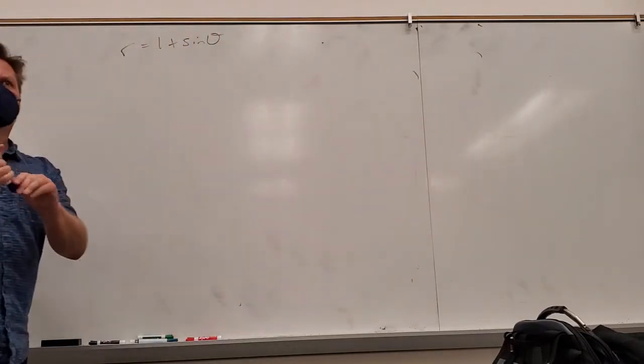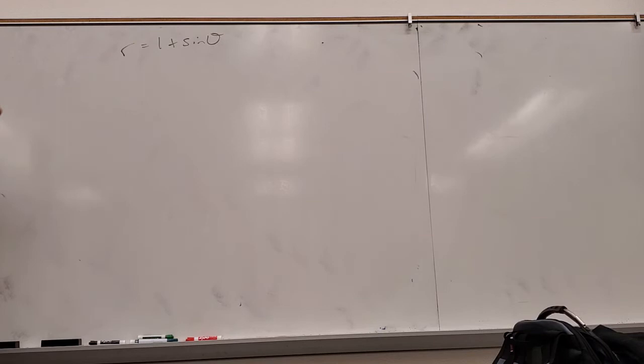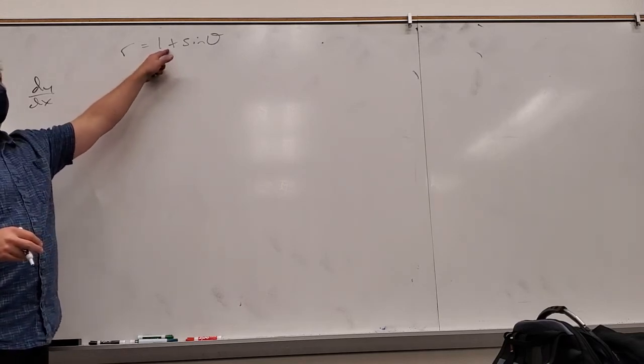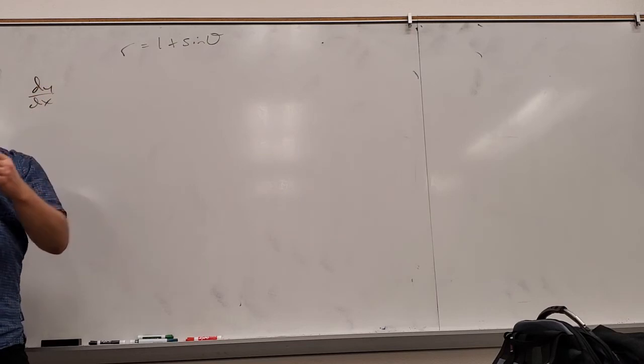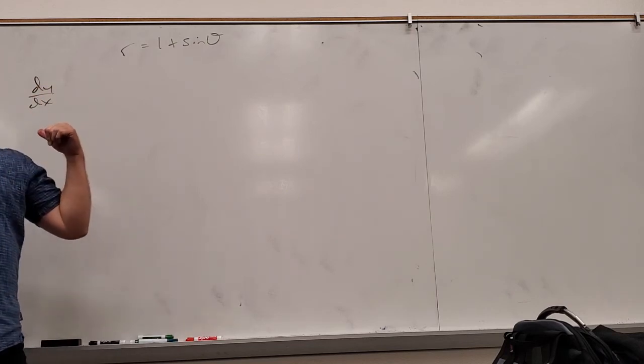So we're gonna do like we did with parametric. We're gonna start with dy dx, believe it or not, because this does describe a set of points, xy points. It's basically the same thing we did with parametric.